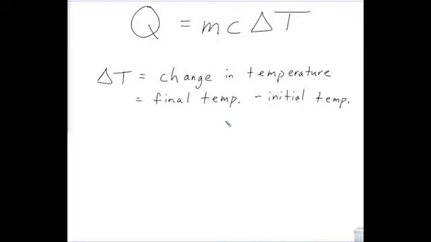So if we know what the temperature is going to be at the end, and we know what the temperature is at the beginning, then we take the ending temperature minus the beginning temperature. Delta T is positive if the temperature is rising, and delta T is negative if the temperature is falling.